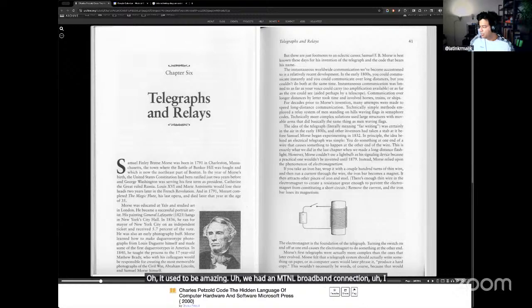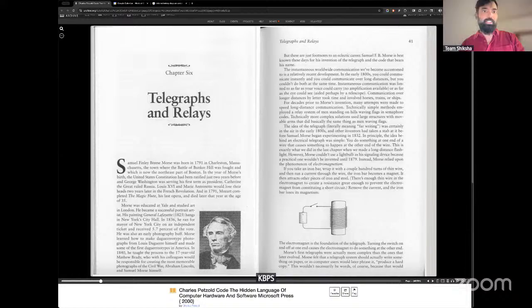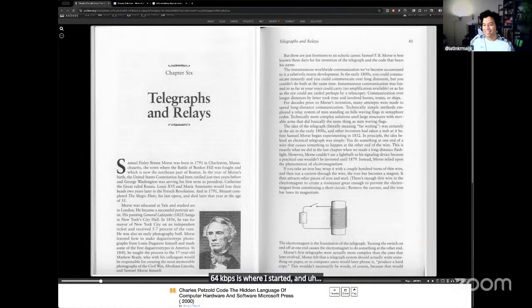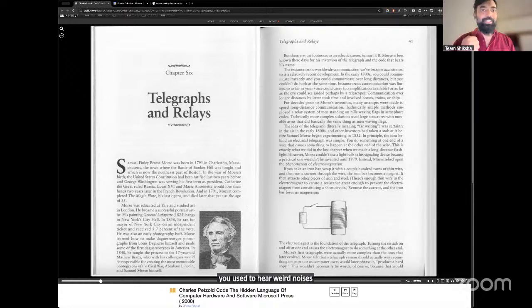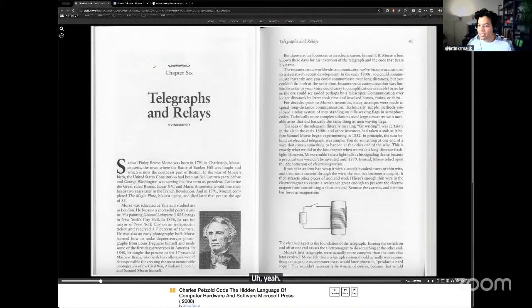I think the initial speed that we used to get was around 16 kbps. 64 kbps is where I started, and you used to hear weird noises when you picked up the phone. It was interesting. I did not realize Raghu sir is here as well. Nice. Yeah, that was fun. It used to make some noises and you had to keep your phone off.